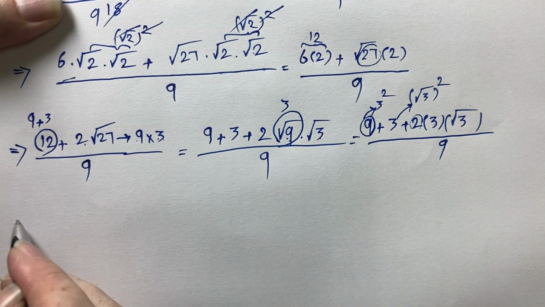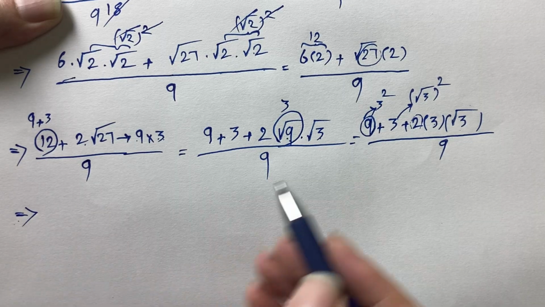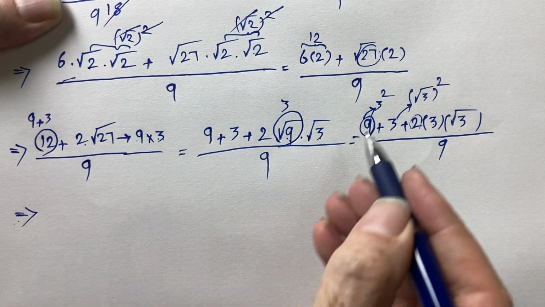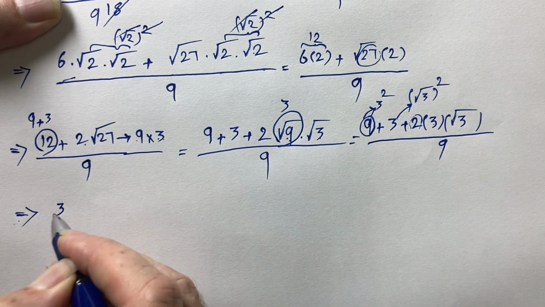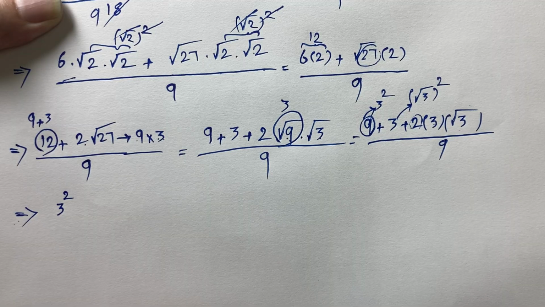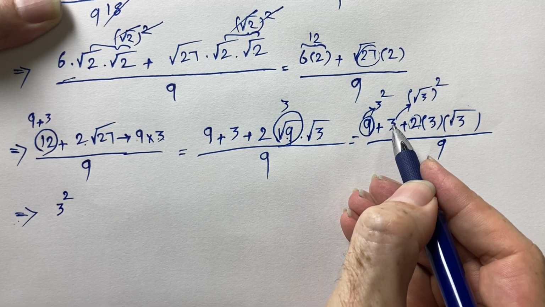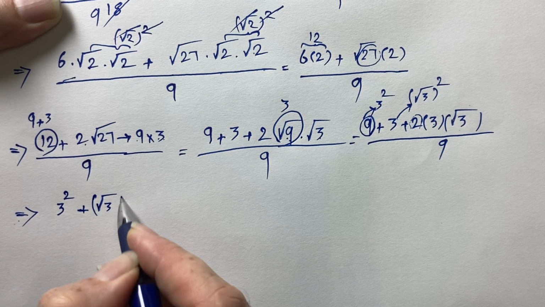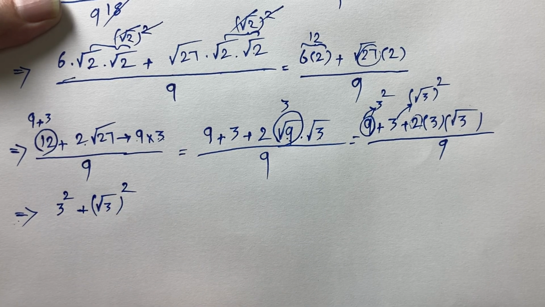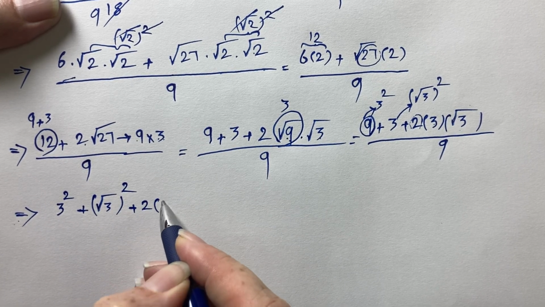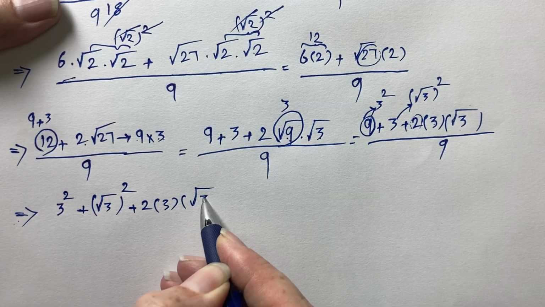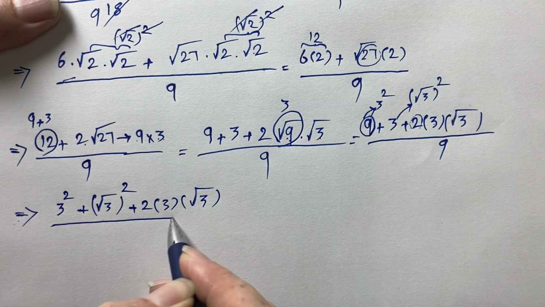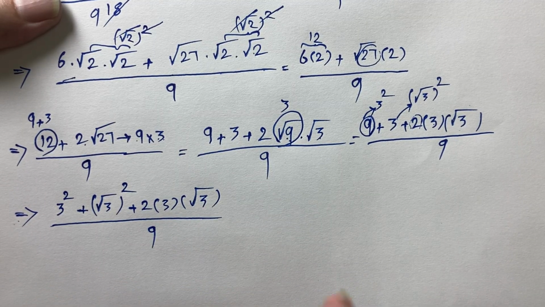So it is going to be, let me write it here, instead of this 9, I write 3 to the power of 2. Instead of this 3, I write second root of 3 to the power of 2, right? Plus 2 times 3 times second root of 3. Okay, over 9.